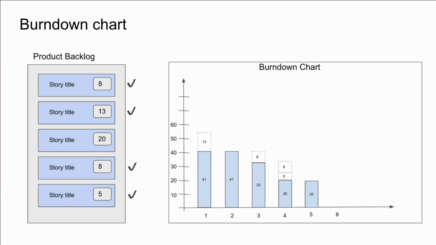And this sprint shows that the team didn't complete any story points, and then the last sprint they complete the remaining task for the last story points, and that means that's the end of the task that they have to work on. So all the tasks that were in the product backlog are then ticked off and completed.